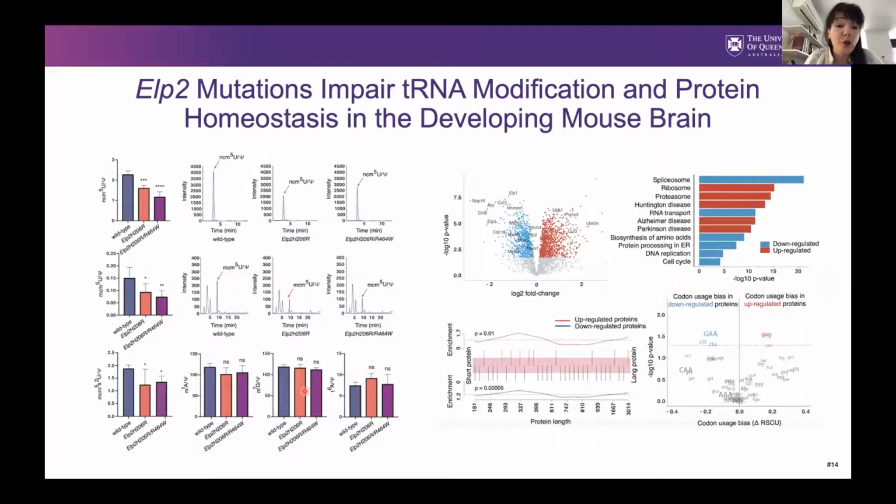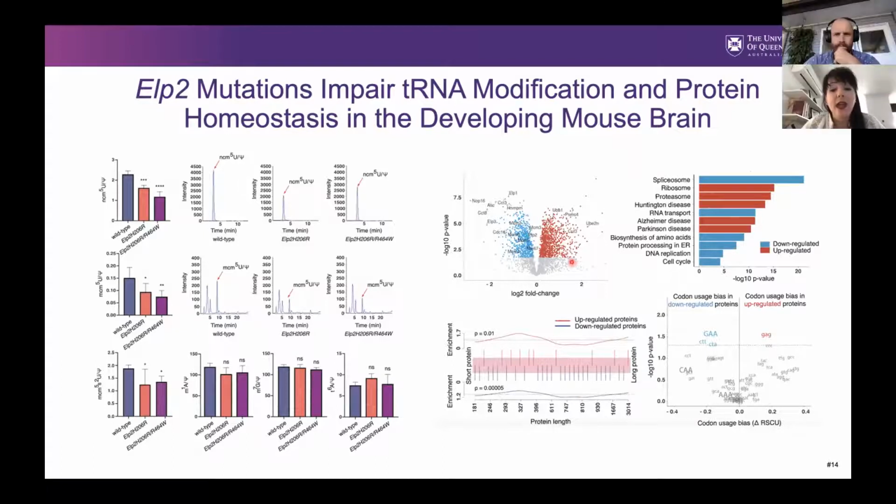And we performed proteomics analysis because elongator is a translational regulator, and we compared proteomes of the mutants and control animals. We found that there are upregulated proteins.